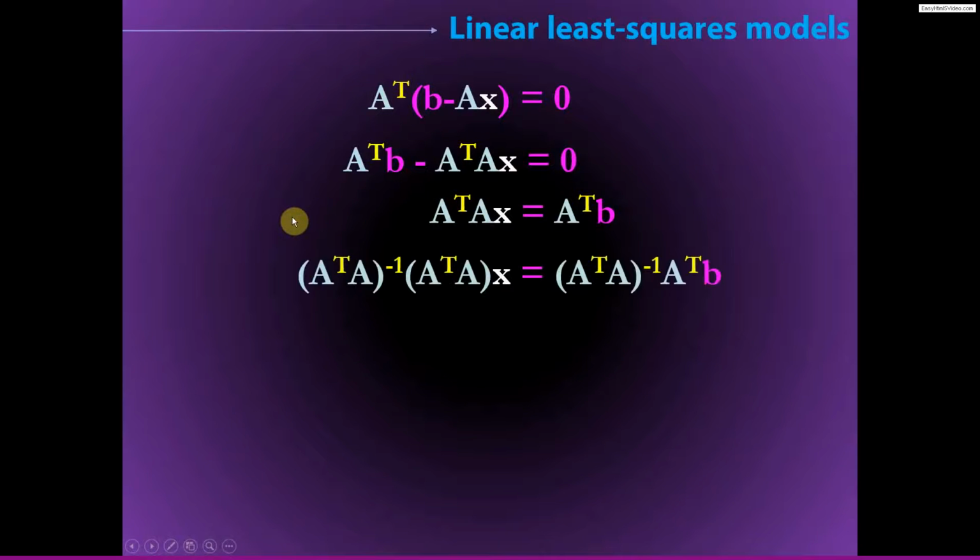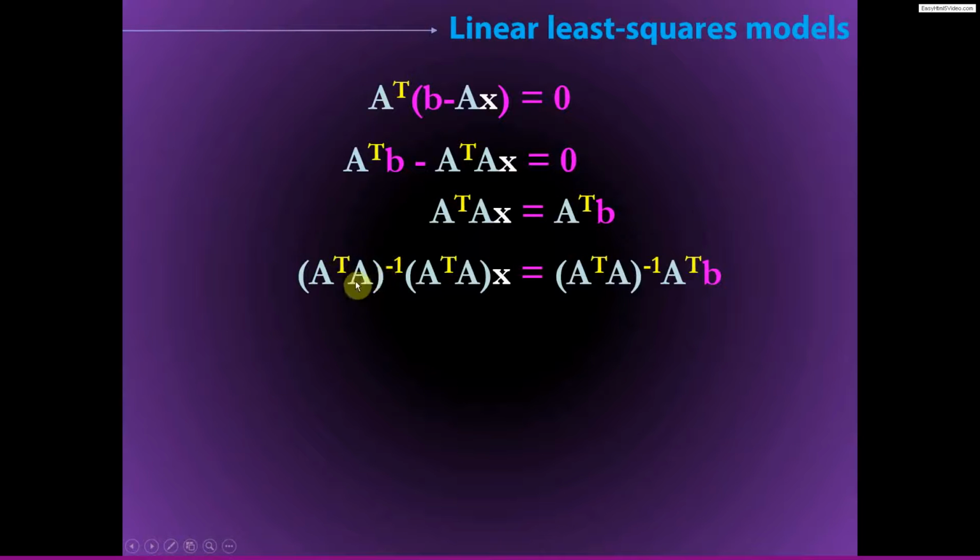This means that we can multiply both sides of the equation by the inverse of A transpose A. It may seem a little bit weird at first to have an inverse of these two matrices, but actually the multiplication is one matrix. So I could have had an intermediate line that said K equals A transpose A, and then we have K inverse.